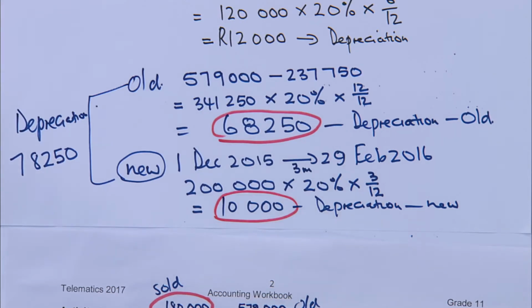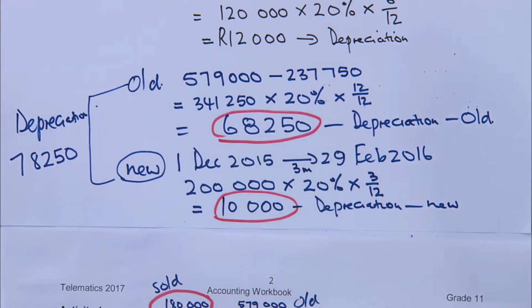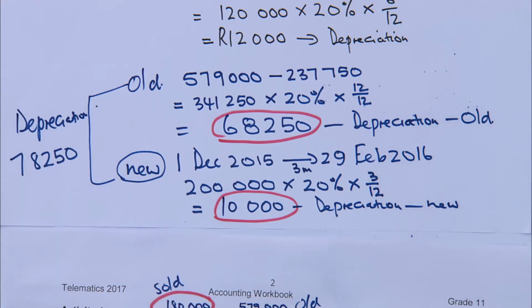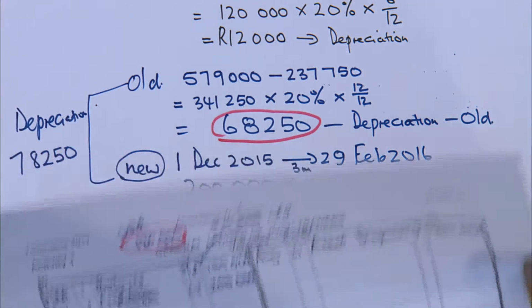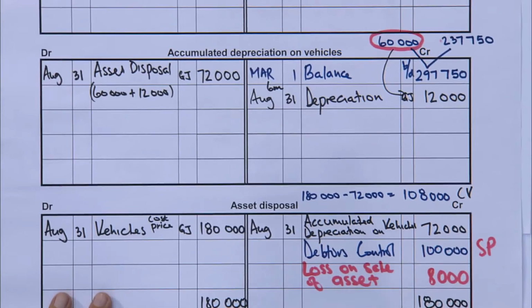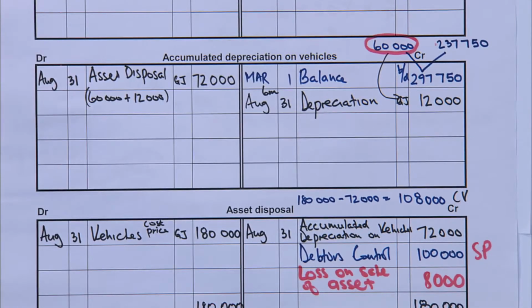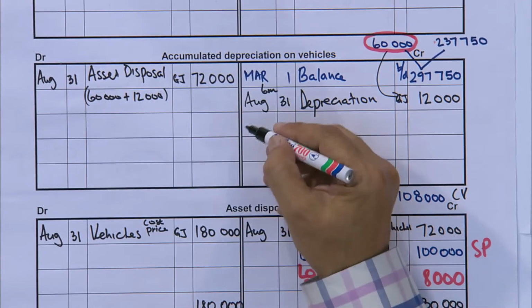So those two items together give me the 78,250. Okay. If we go back to the answer page, this depreciation will take place.